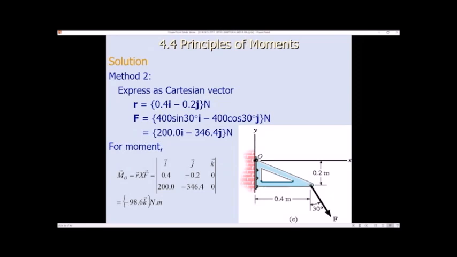To use Cartesian vector notation, we need to write both the position vector and the force in Cartesian vector notation. For r, it will be in X and Y direction, which is 0.4i minus 0.2j.